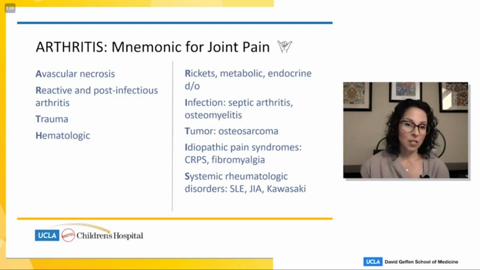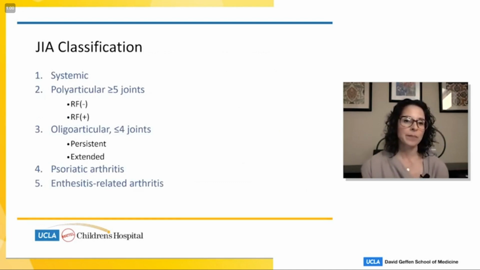Arthritis, avascular necrosis, reactive, post-infectious arthritis, trauma, hematologic, such as sickle cell, rickets, or other metabolic problems, infection, tumor, idiopathic pain syndromes, as well as systemic rheumatologic problems like lupus or Kawasaki's disease.